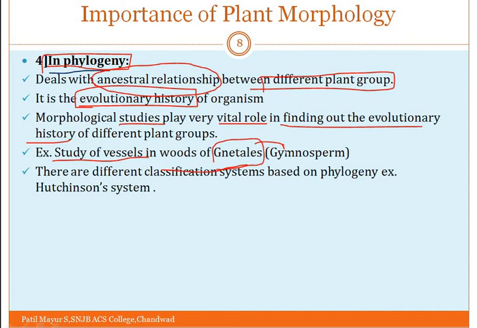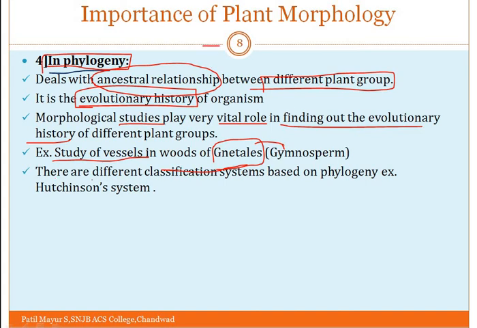Angiosperms are considered to have evolved from the gymnosperms. Therefore, vessels, which are a characteristic of angiosperms, are present in some of the advanced gymnosperms. So it again traces the evolutionary relationship between gymnosperms and angiosperms. In this fashion, morphology plays a very important role.